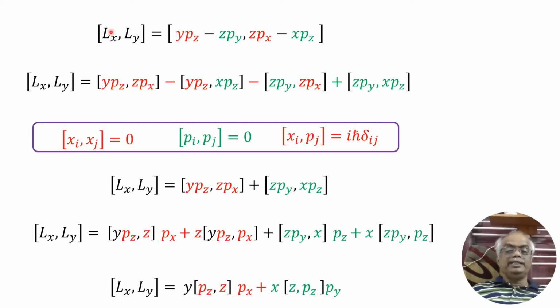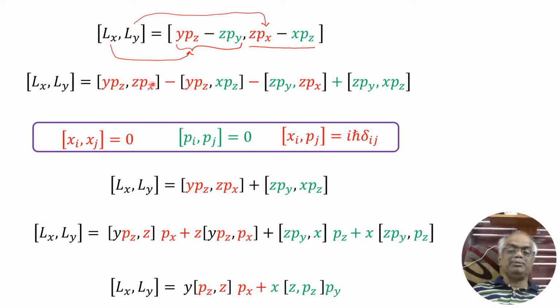Now we will find the commutation relation between Lx and Ly. By definition, Lx is equal to ypz minus zpy. Similarly, Ly is equal to zpx minus xpz. So you can write this. First, you take the first component ypz with zpx, and ypz with minus xpz.